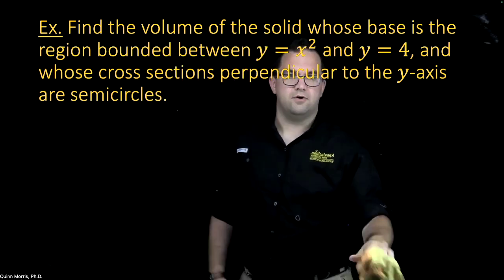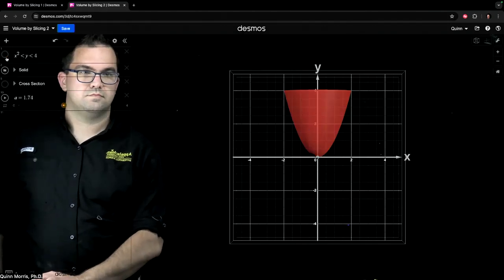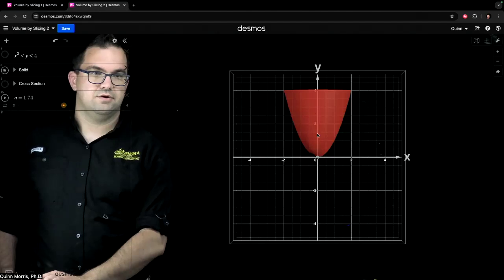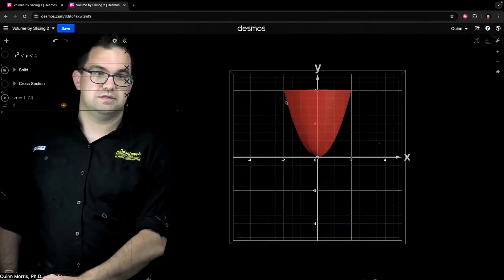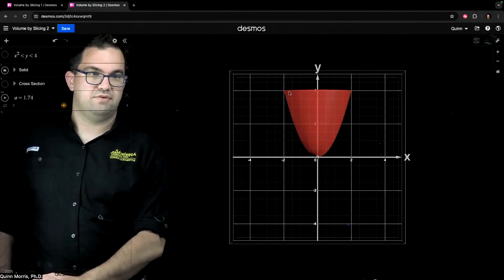All right, now let's flip back over to Desmos. So let me start here just in the XY plane. Again, this is just my base here. So this is the region bounded below by y is equal to x squared, and above here by y is equal to 4.